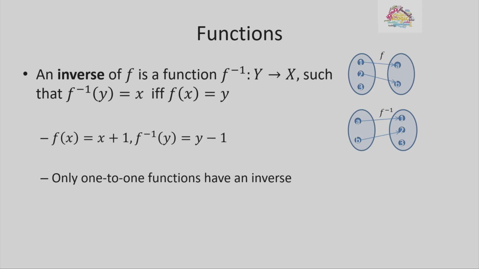So for example, if f takes 1 to a and 2 to b, then its inverse will take a to 1 and b to 2. It will tell you the single element in the pre-image of the corresponding y, because f was a one-to-one function.